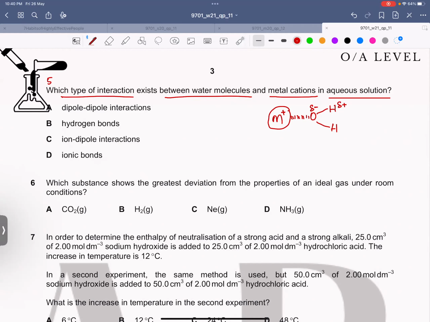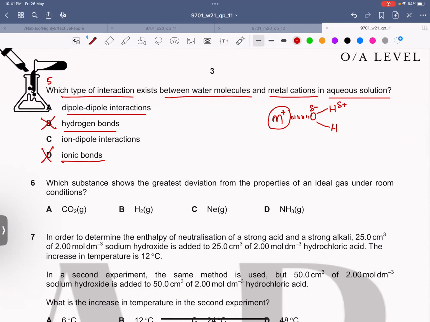The first option says dipole-dipole interaction. The second option says hydrogen bond. Hydrogen bond is clearly wrong because there is no hydrogen in the cation, right? In the same way, ionic bond is also completely wrong because for an ionic bond, there must be both ions attracting each other.